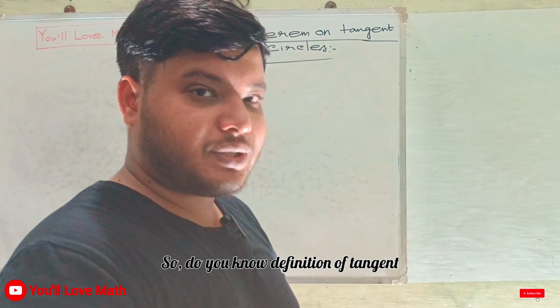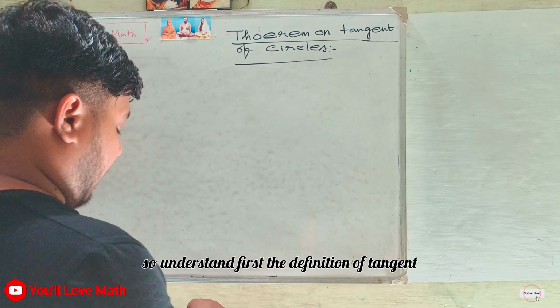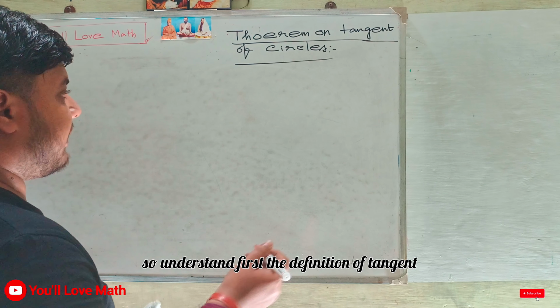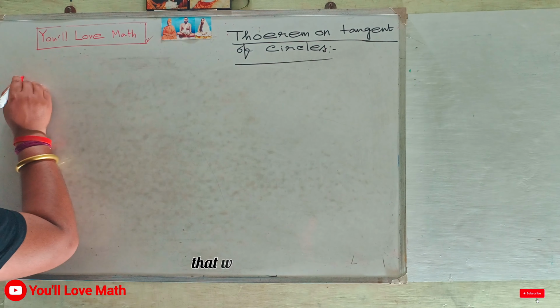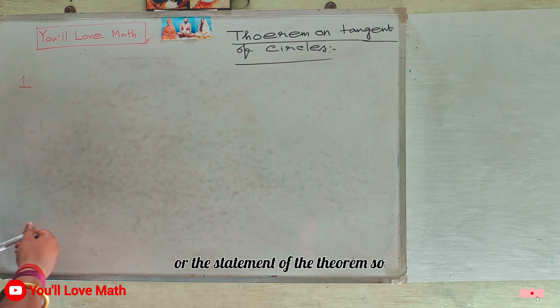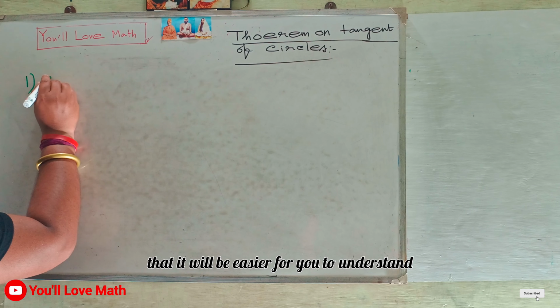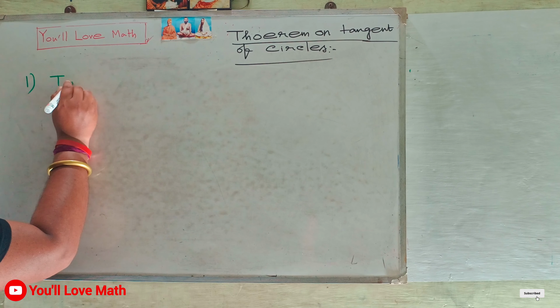So do you know the definition of tangent? Understand the definition of tangent first. Before doing that, write down the statement of the theorem so that it will be easier for you to understand step by step.